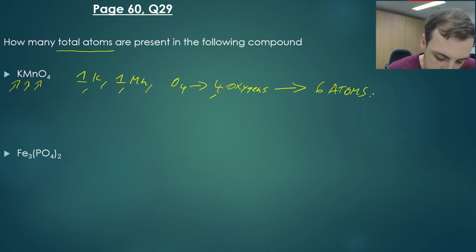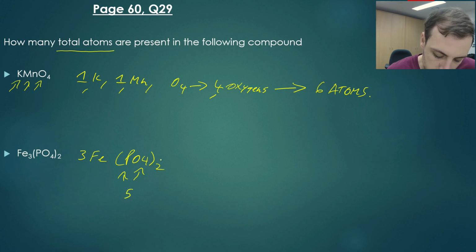Looking down at the next one now, we have Fe3. So we've got 3 lots of iron. And then we've got PO4, 2. We've got 4 oxygens and 1 phosphorus, so that's 5 atoms total.